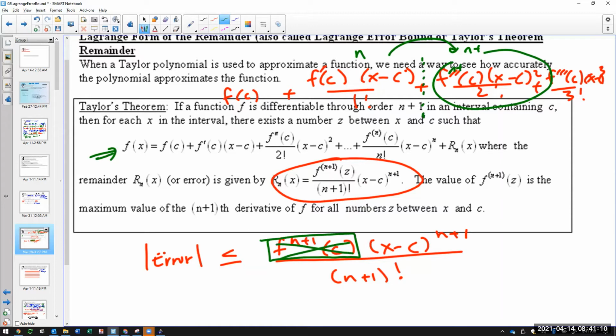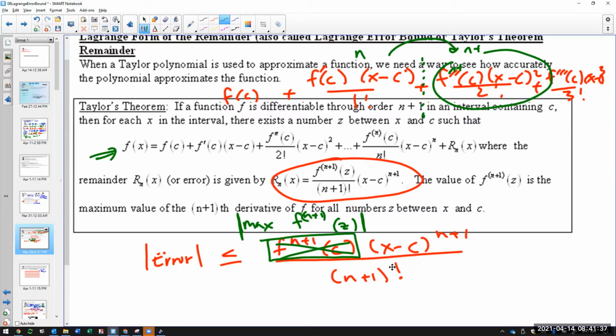And that derivative is the maximum that your derivative could be if instead of plugging in C, you plug in Z. And it's going to be the absolute value of that. I just want to say this is super confusing because what the heck is Z? And really, what the heck is all of this? But this is just like your alternating series. It just means go to your next term.